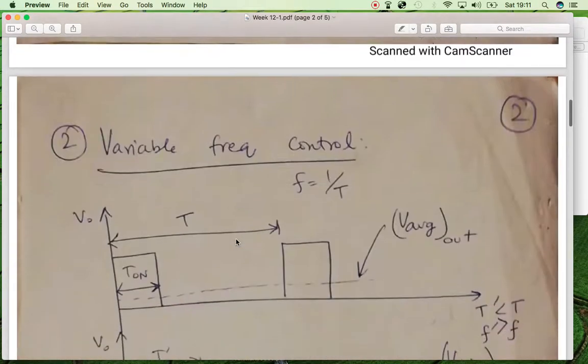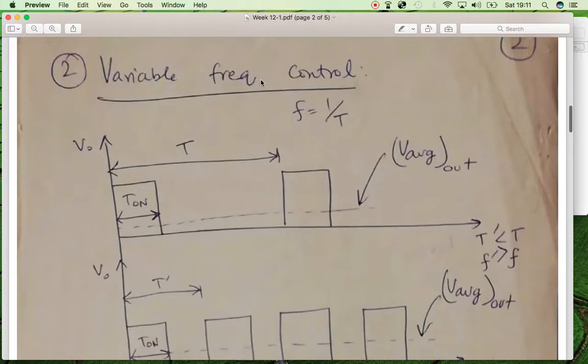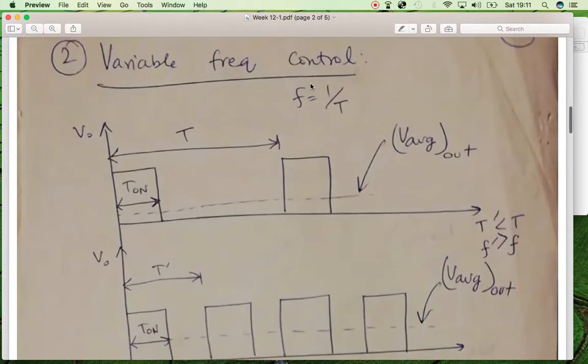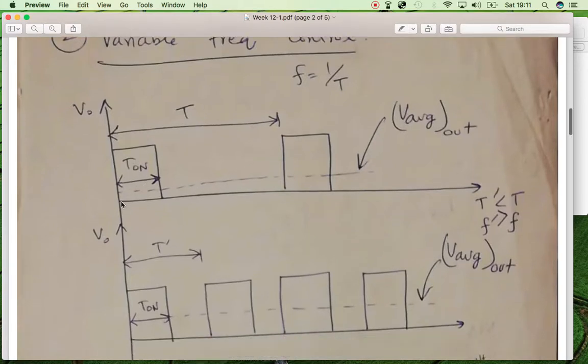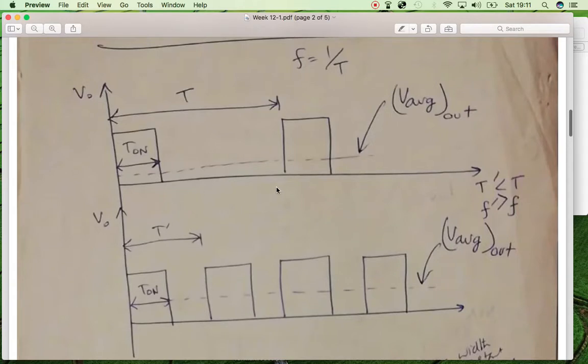So, the second control strategy is the variable frequency control strategy of the choppers. In this strategy, we are varying the frequency of the pulses, and the width of the pulses is always constant. And over here you can see this is a constant width of the pulse.